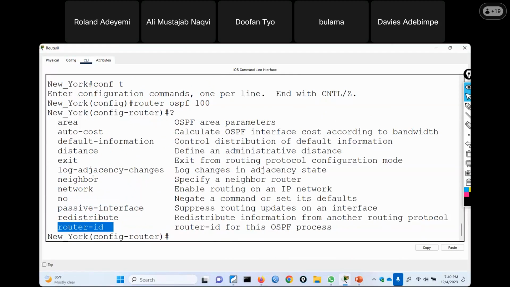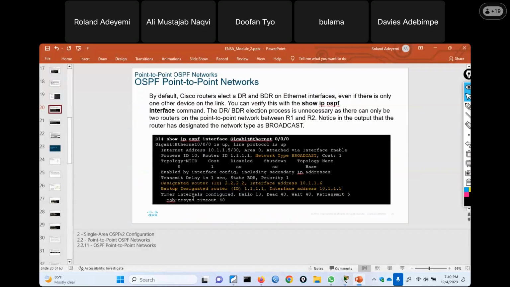In our next class, we're going to use this command, and we can also use this one. We'll check it out. Almost all the commands under router OSPF, we're going to make use of almost all of them. Some practically, some I'll just explain.